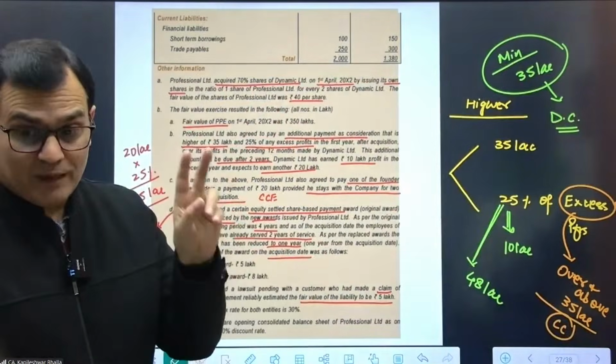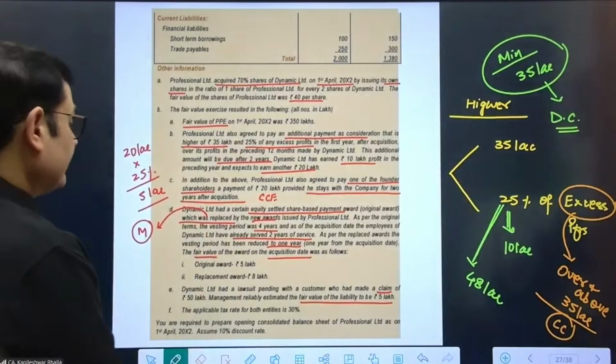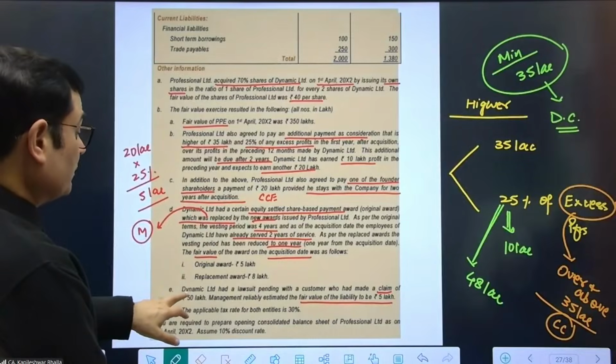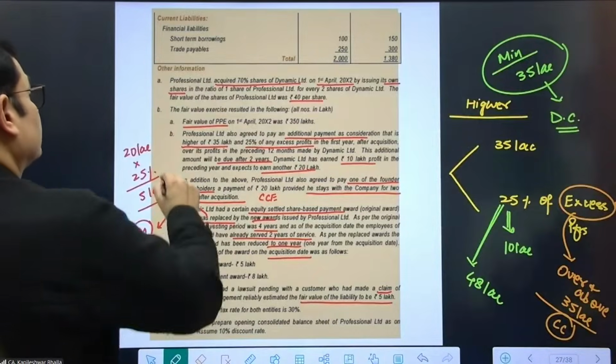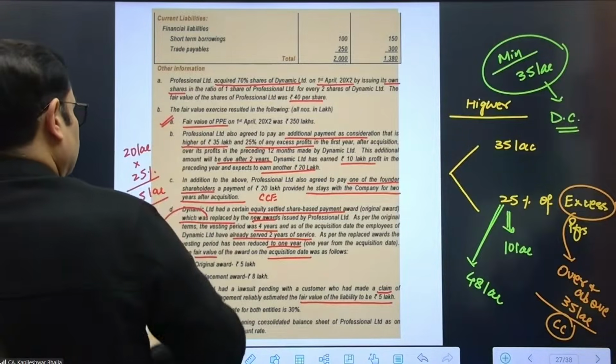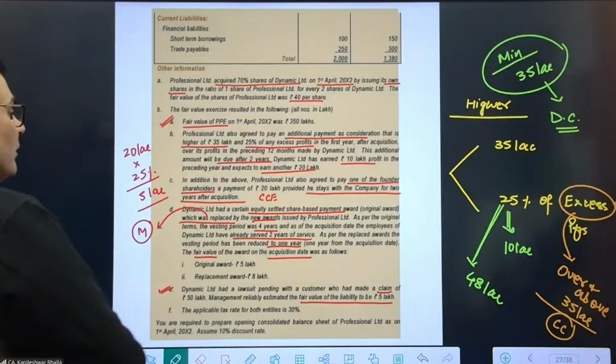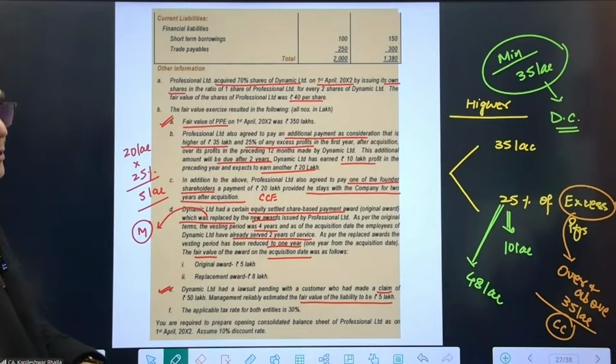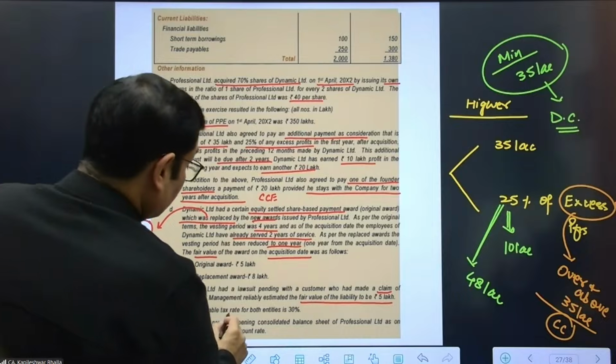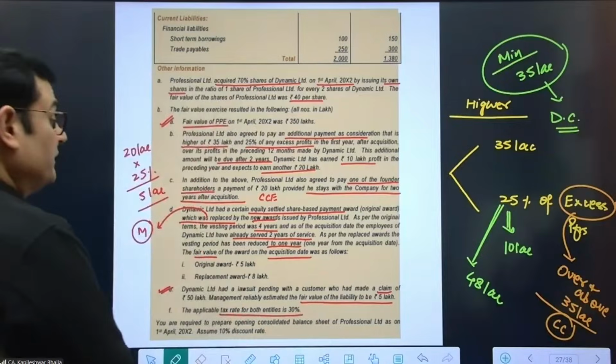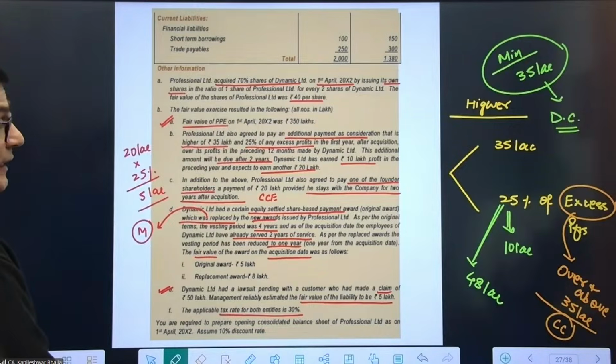Yes, sir. Wonderful indeed. And then we also need to be careful that this item is PPE, and this item will lead to deferred tax implications if a tax rate is given in the question. Then we're very clearly given a tax rate, which means deferred tax implications as well.